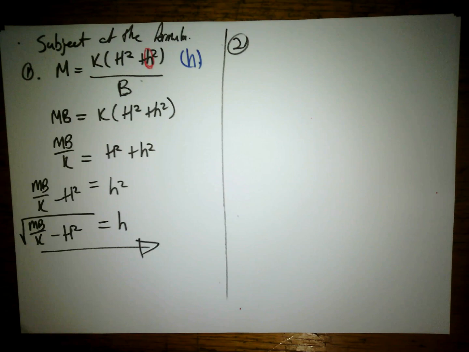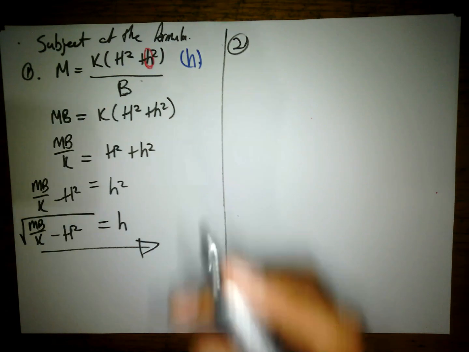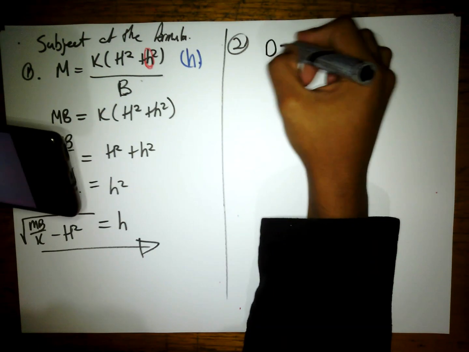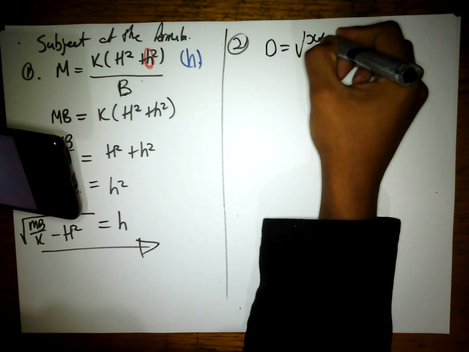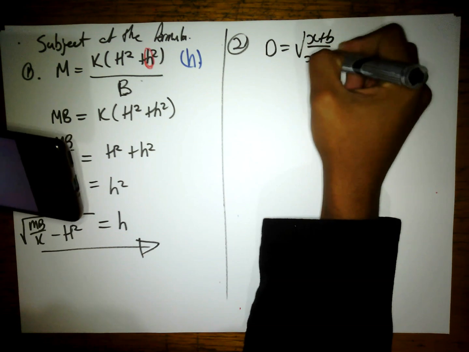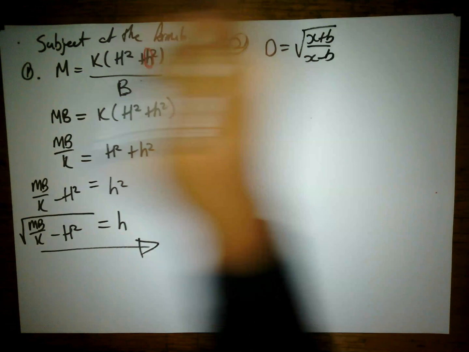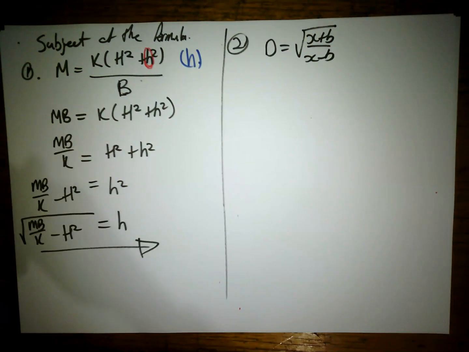Where is this question now? Yo, I lost it. Okay, yeah. So it's saying d equals, and they want b. They want small b.